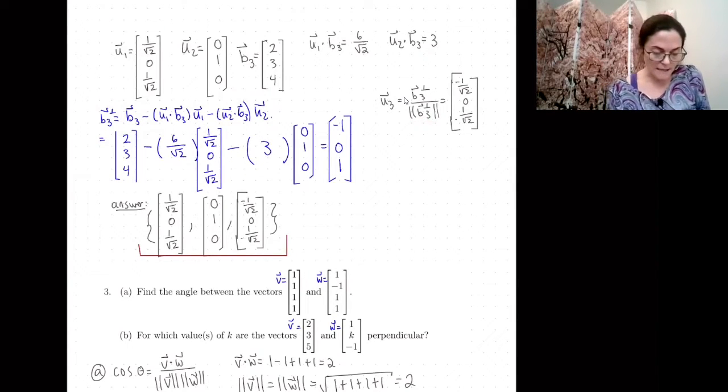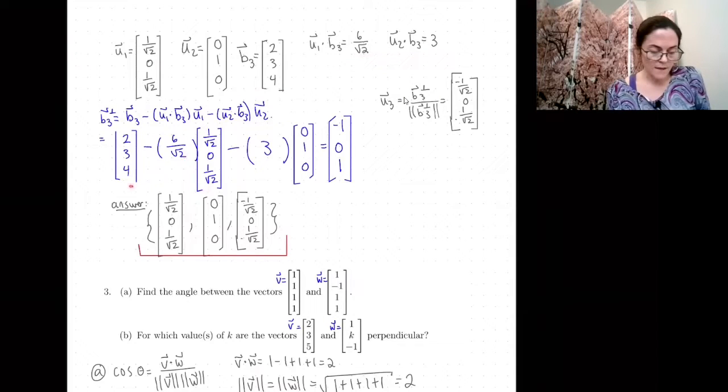And so this is what I did here. Here's the formula for projection. I've distributed my minus sign, but we have B3 minus the projection. Here's B3 from here. And then over here, I show the work calculating these two dot products, U1 dot B3 and U2 dot B3, which come in front of these vectors.